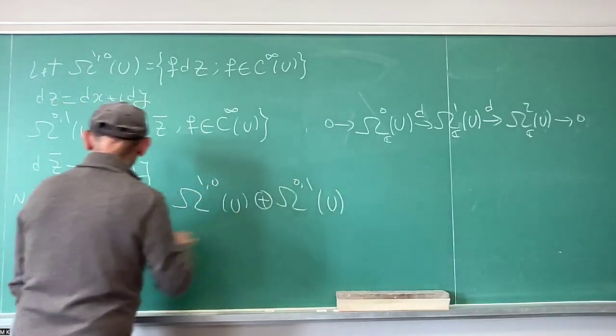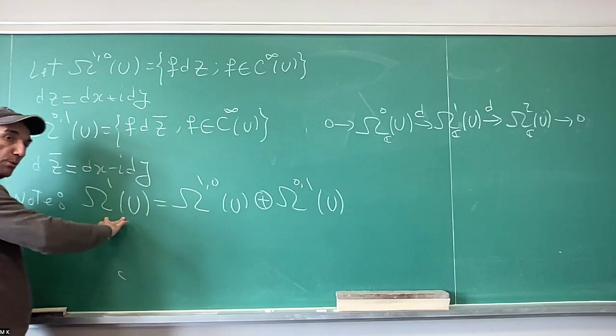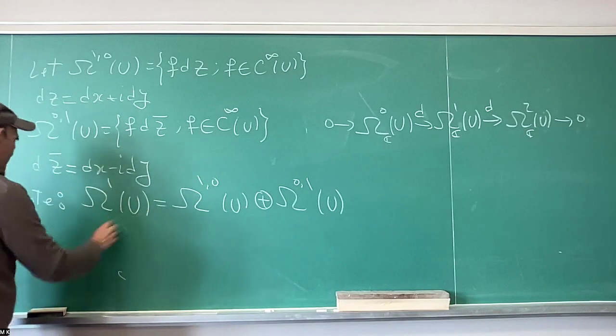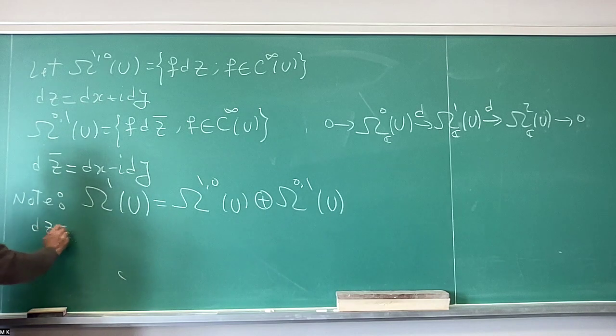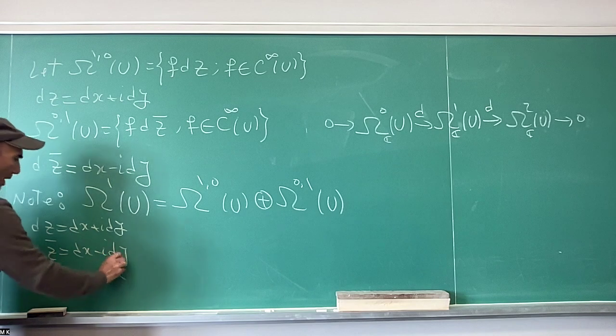So this is really a direct sum. These are complex subspaces of this complex space, and this follows from the following fact: we have dz equal to dx plus i dy, and dz bar equal to dx minus i dy.